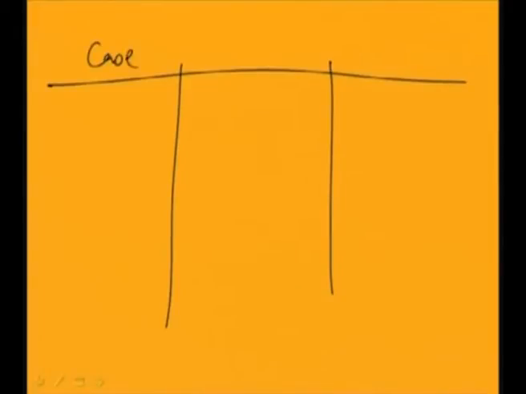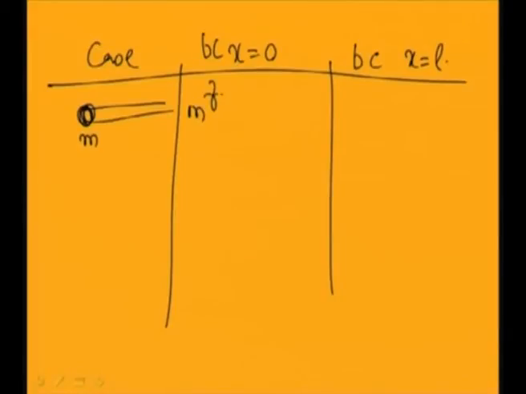This is x equal to 0, the boundary condition at x equal to 0, and the boundary condition at x equal to L. If we are putting an end mass at the left end, let this mass be m. Then the force E A del u by del x will be equal to the inertia force, so the inertia force is m del square u by del t square.